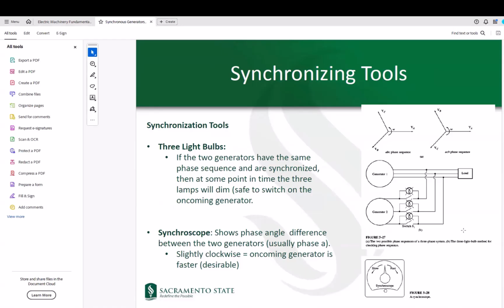Here, with the 3 light bulbs, generator number 2 is going to be connected with generator number 1, for example. At first, these breakers are open. However, there are 3 lamps between these 2 points. Now, if these 2 generators are really in phase, it means that the voltage of phase A for generator number 1 with respect to phase A of generator number 2 does not have any phase difference.